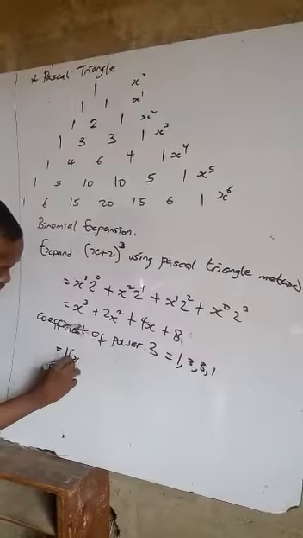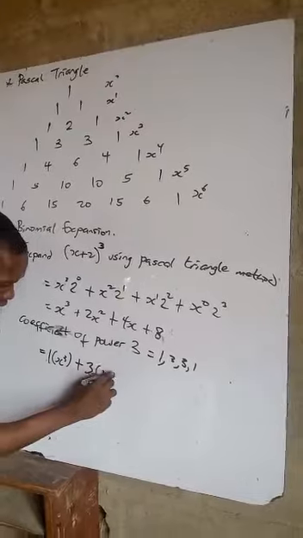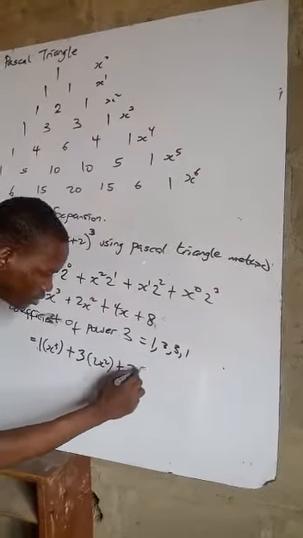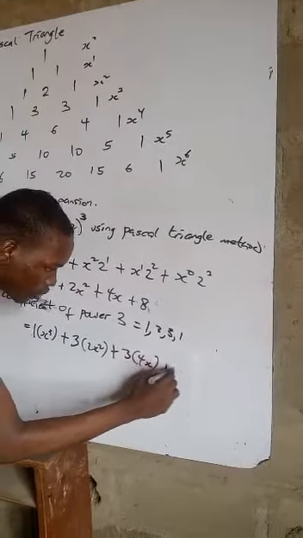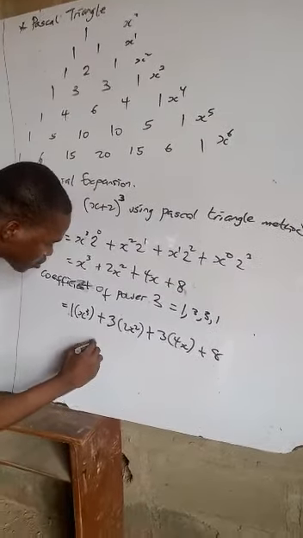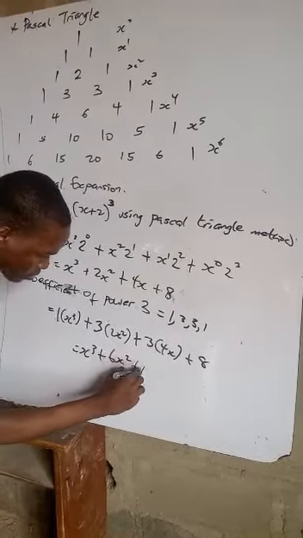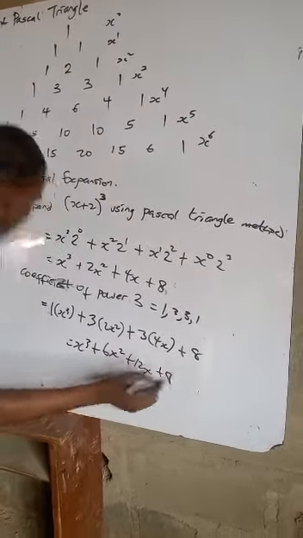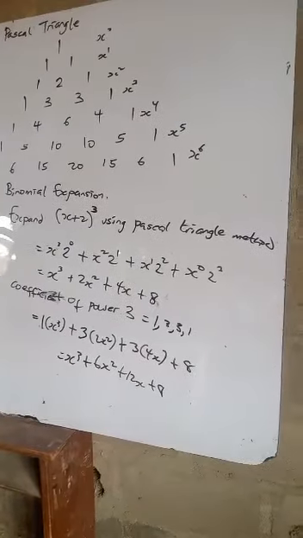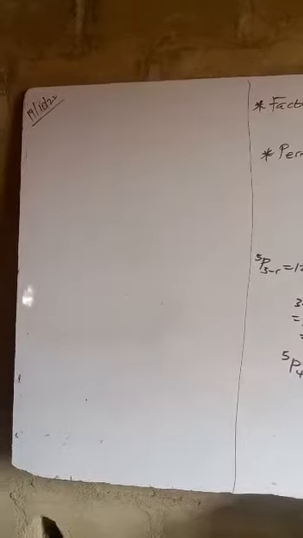That's 1 into x raised to power 3 plus 3 into 2x squared, yes. Plus 3 into 4x plus 8, which is equal to x raised to power 3 plus 6x squared plus 12x plus 8. I think it's clear. Pause it.